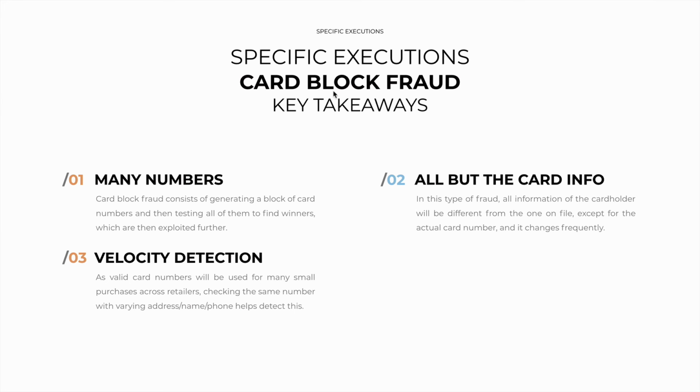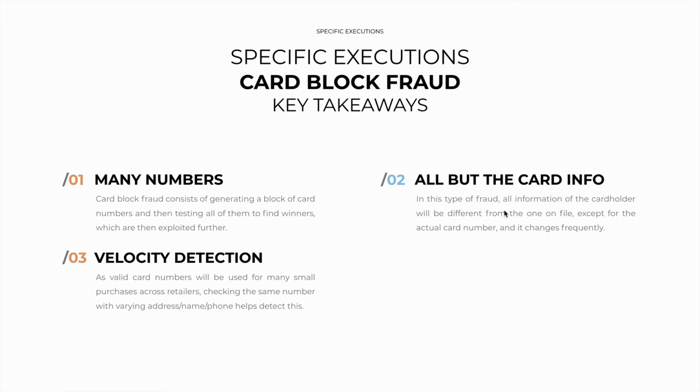What are our key takeaways here? The first is that card block fraud consists of generating lots of credit card numbers and then testing them en masse to find winners. Both having card numbers belonging to unprotected banks and testing the transactions on unprotected retailers help this process.